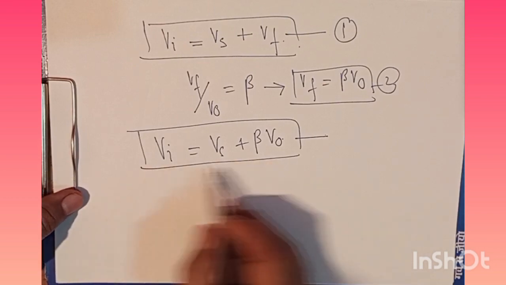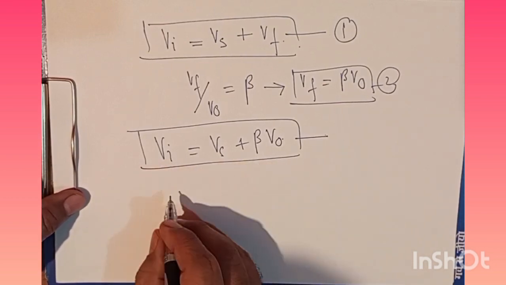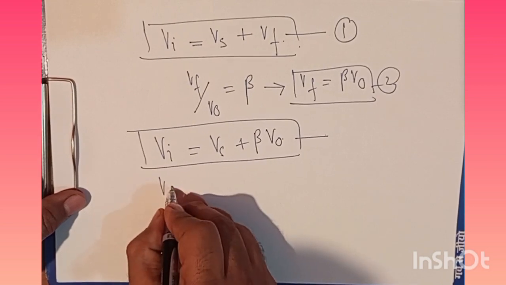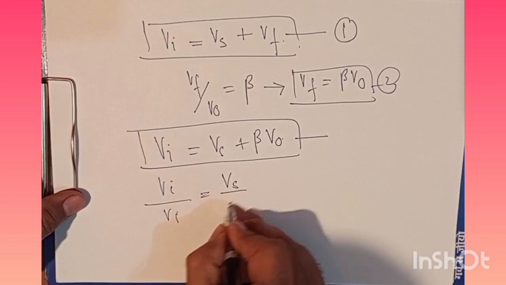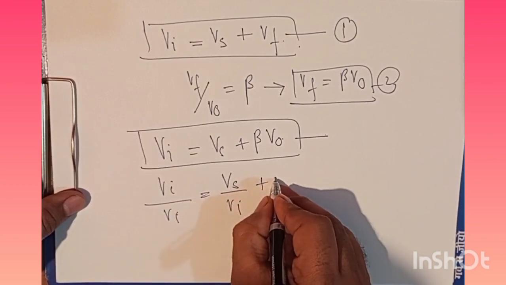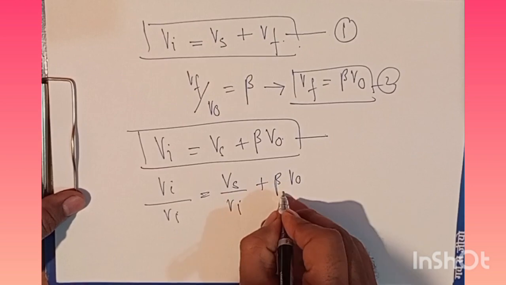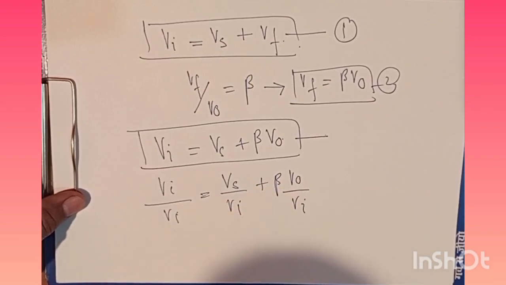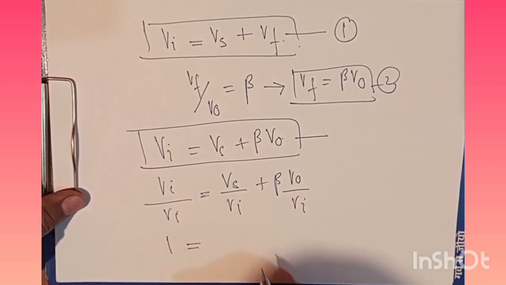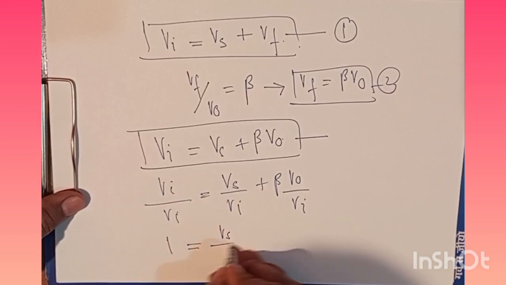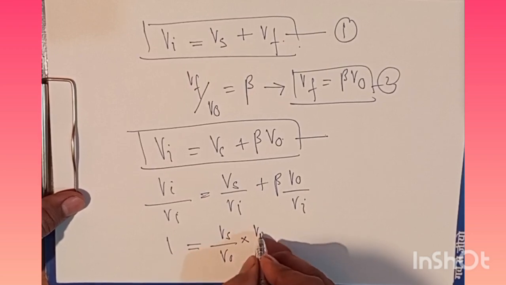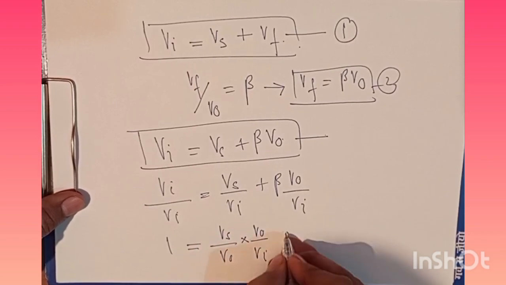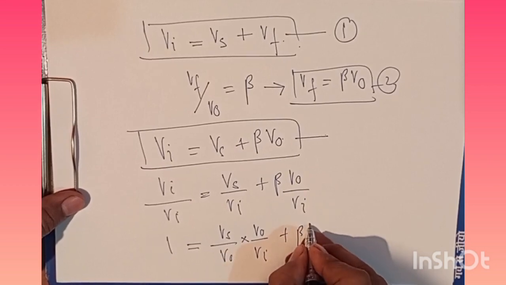So if I divide this equation by Vi, I'll get Vi by Vi, that is Vs by Vi plus beta V out by Vi. Now this certainly is 1, so this I can write as Vs by V out into V out by Vi plus beta V out by Vi.